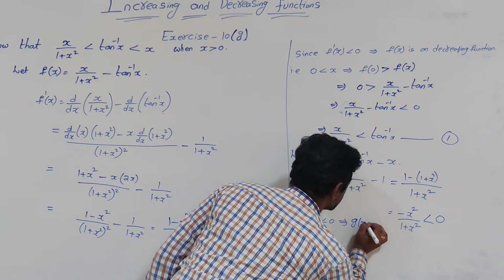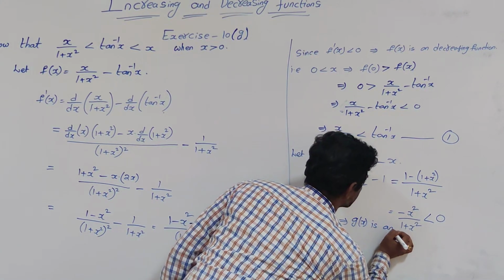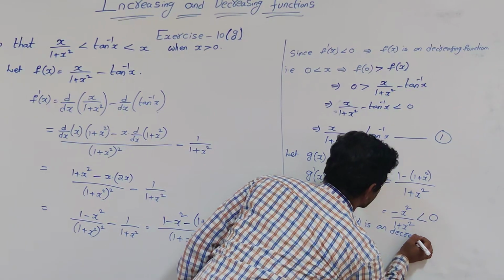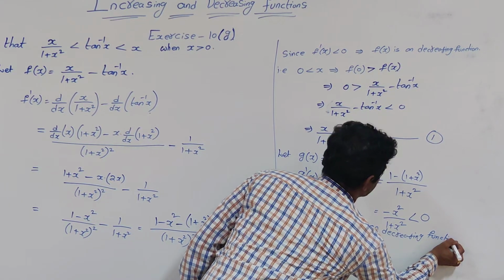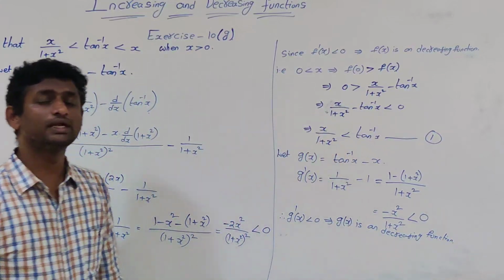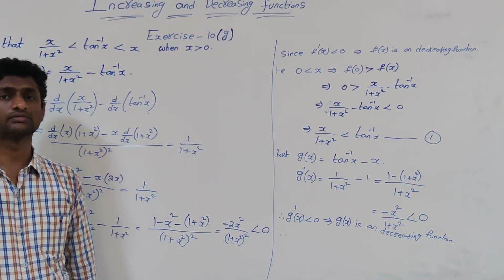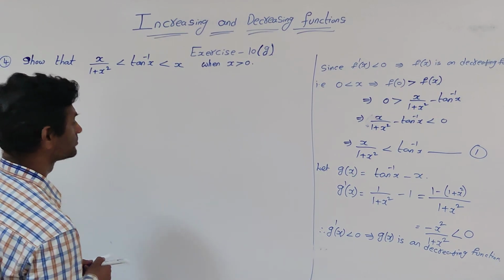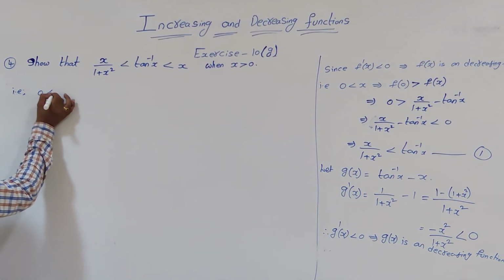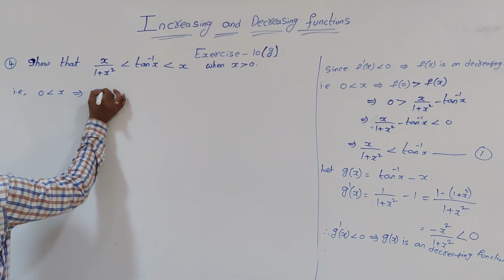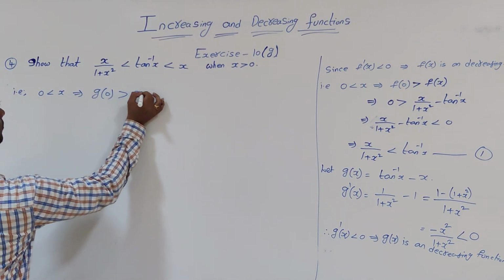G of x is a decreasing function. Now we will go for the definition of a decreasing function. That is, 0 less than x implies g of 0 should be greater than g of x.